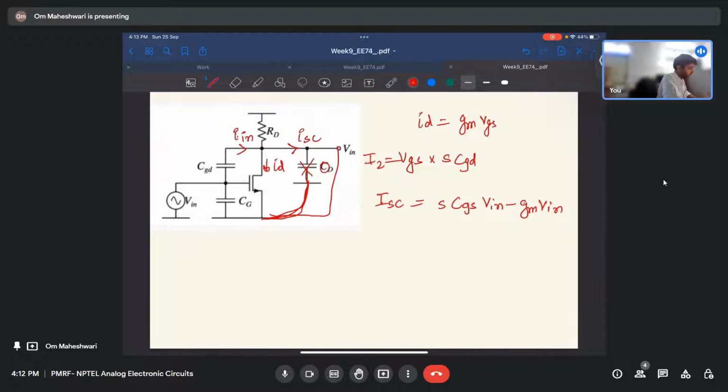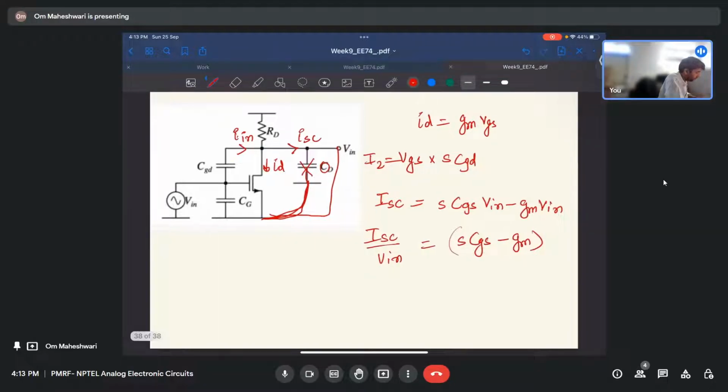Okay. So the zero will be simply at, if we take ISC by V, we will get S CGD minus GM.